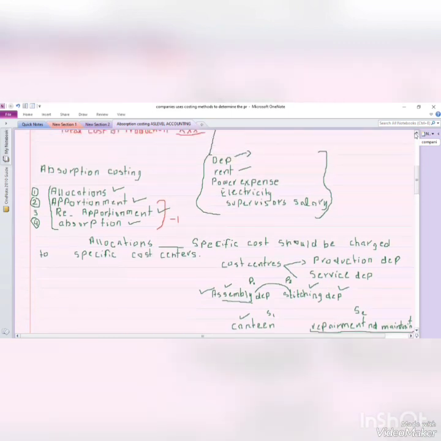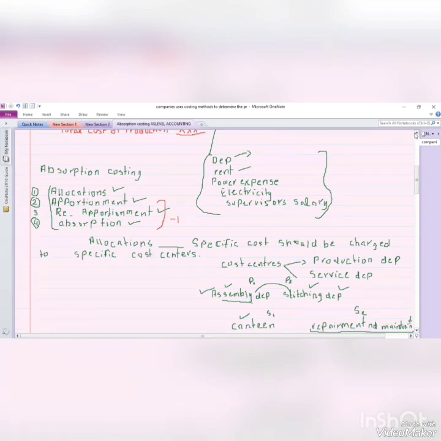I had told you about allocation and apportionment, so today we will discuss reapportionment and absorption.